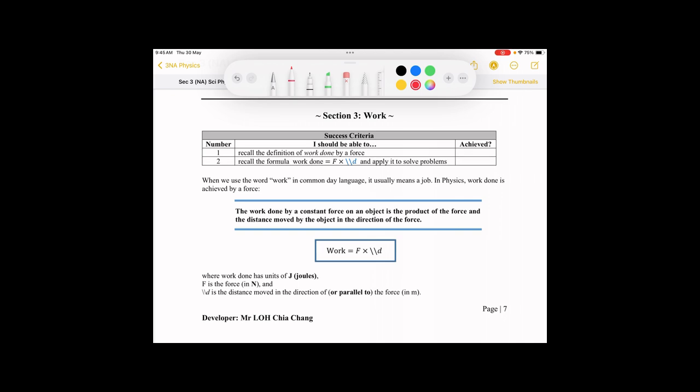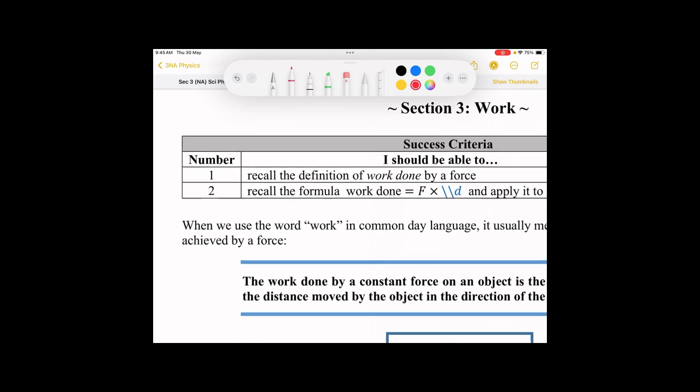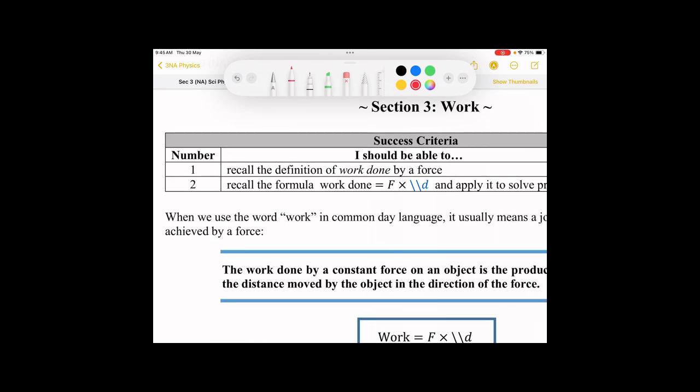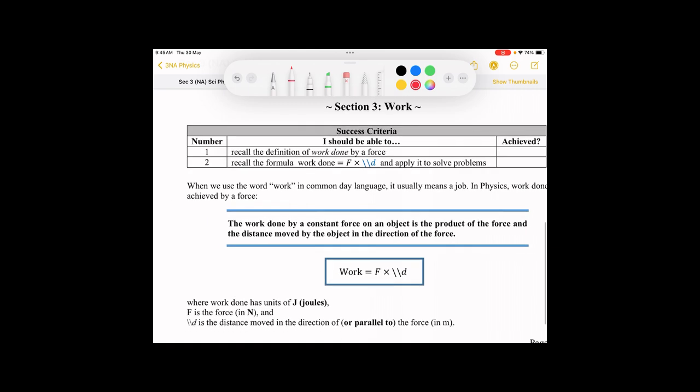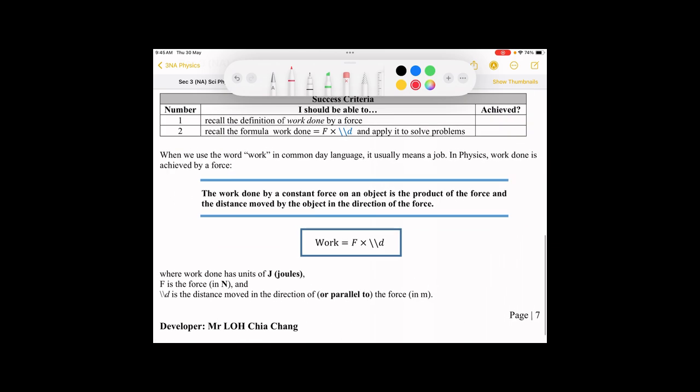Work done is a very specific term in physics and it has a formula involved. So we have to recall the definition of work done and then the formula. Work done is force times distance. First of all, work is done by a constant force on an object.